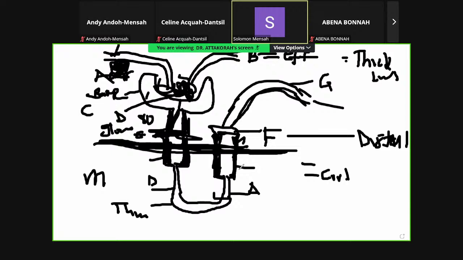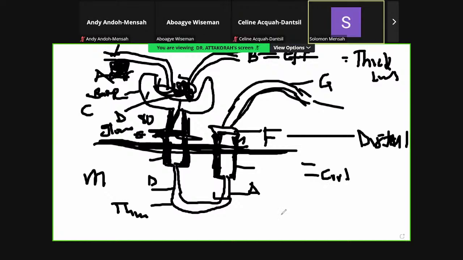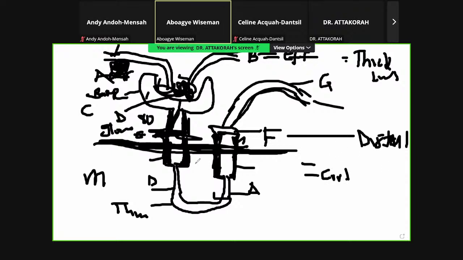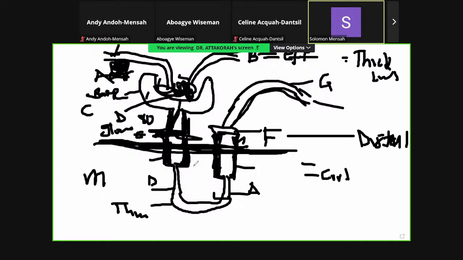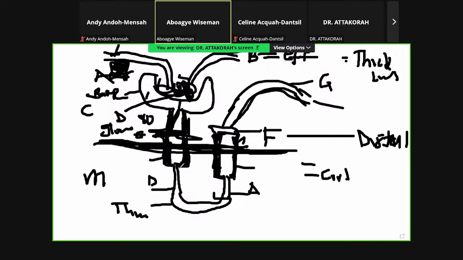When they get down here, where we have the thick loop, there will also be another absorption to enable all the minerals, all the elements that the body needs, to be properly absorbed. That's how we have the thick loop down there. So what is the essence of the thick loop below the junction? To help reabsorb other elements that will want to pass through, that were not absorbed. The 20% is not absorbed.